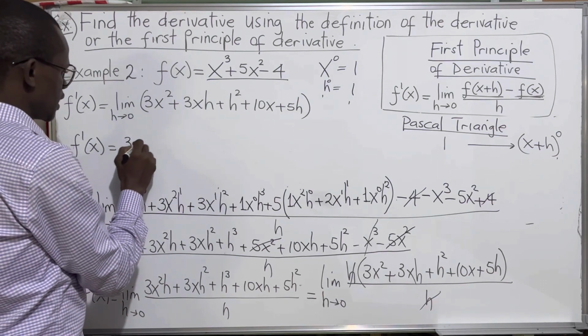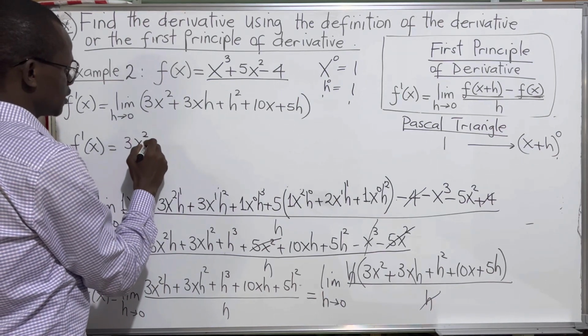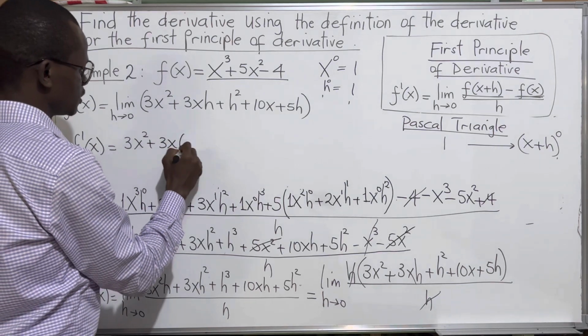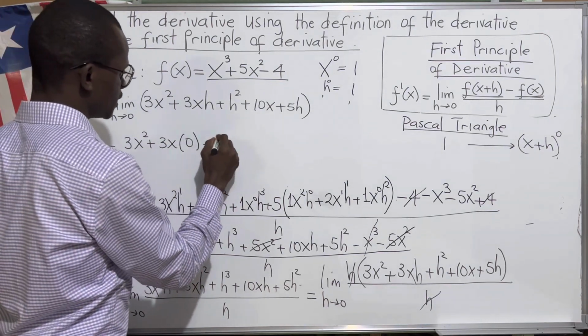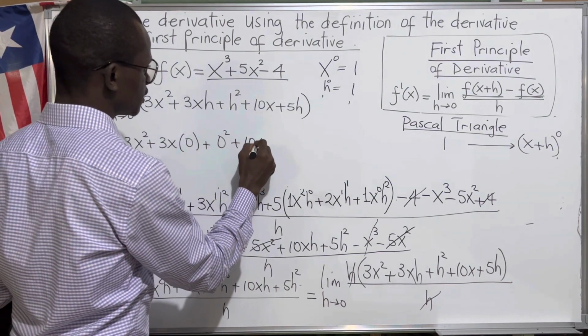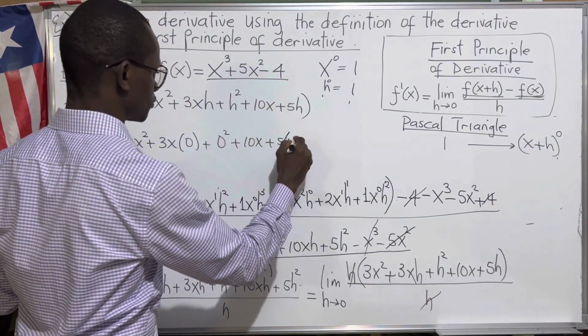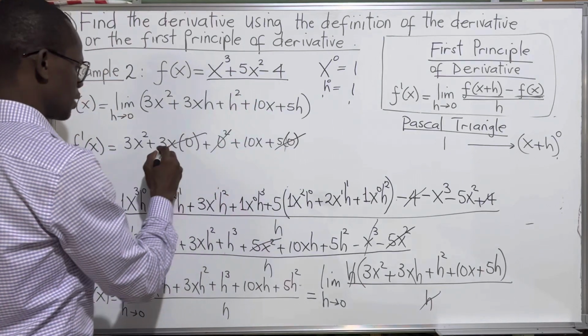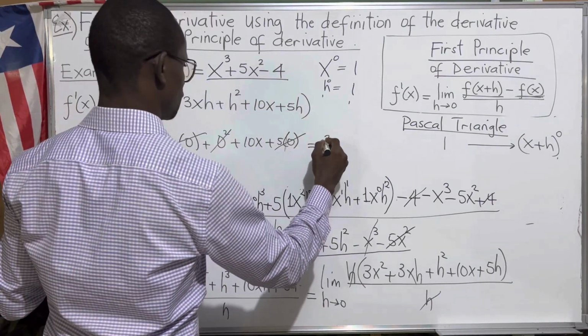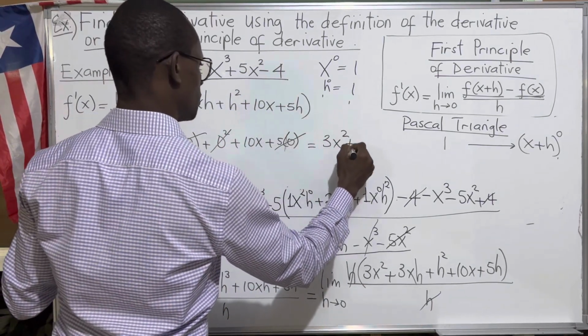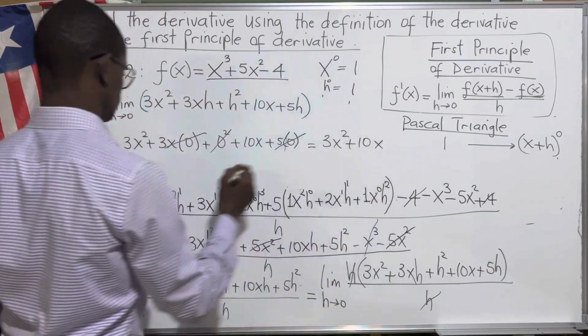So yes, 3x to the second plus 3x times 0 plus 0 squared plus 10x plus 5 times 0. So all the terms of 0 go out. You just have 3x squared plus 10x.